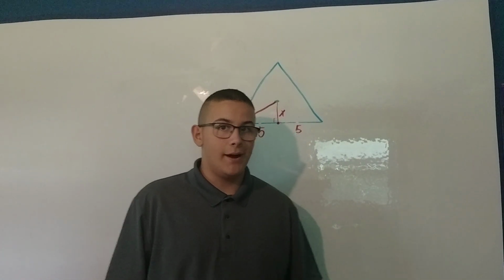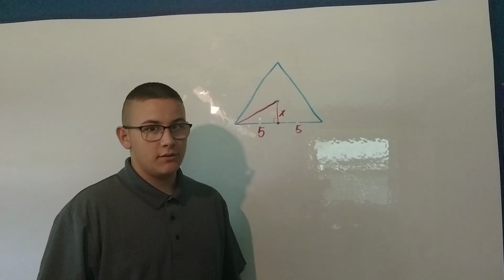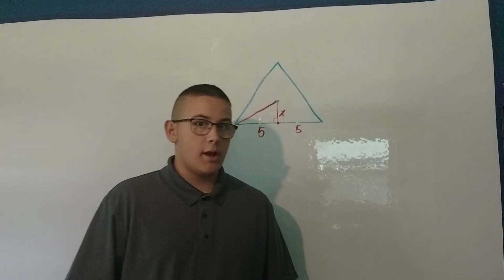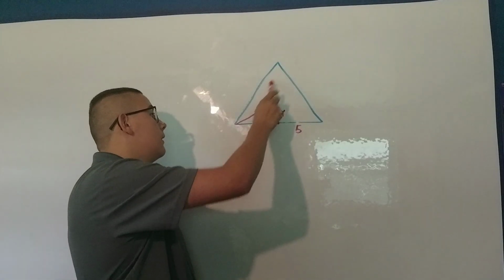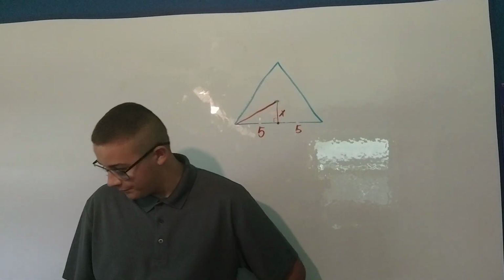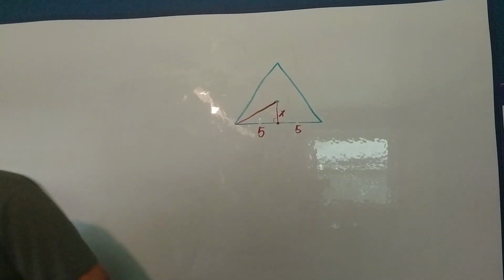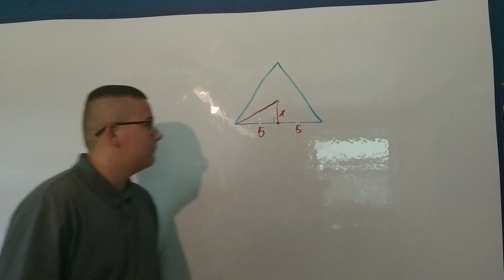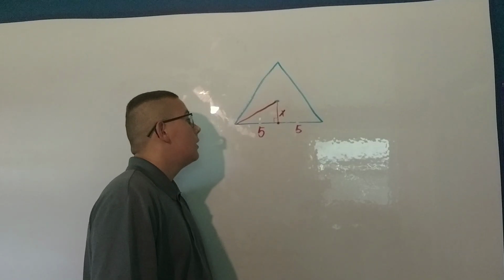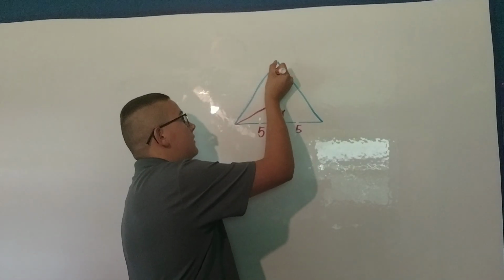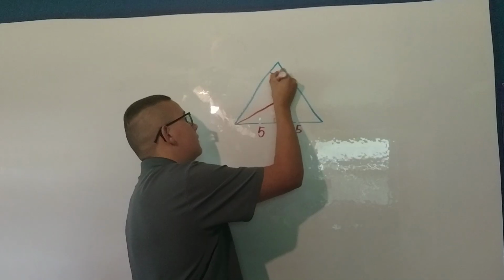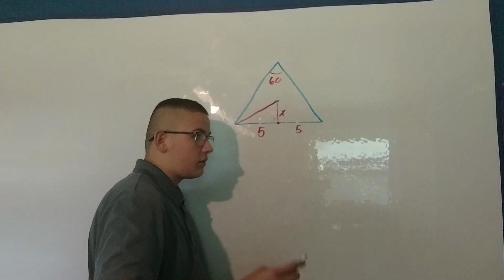So if we divide that by 3 angles, because remember this is a regular triangle, we get 180 over 3. I know that I'm being silly. We know each of these is 60 degrees, like that.